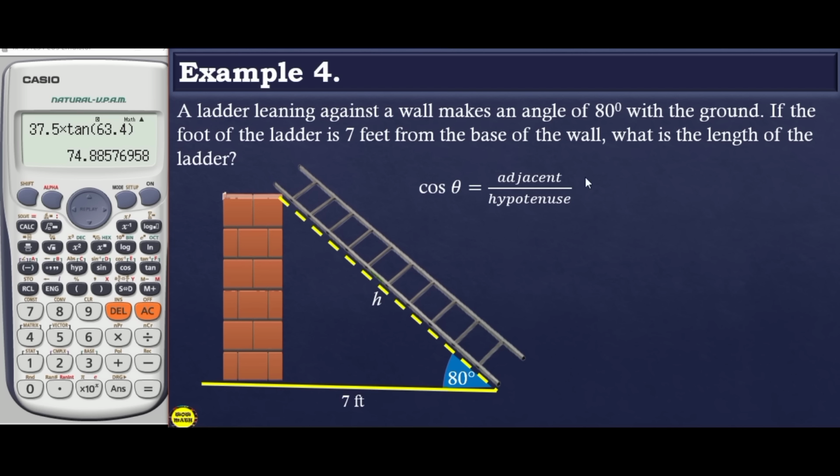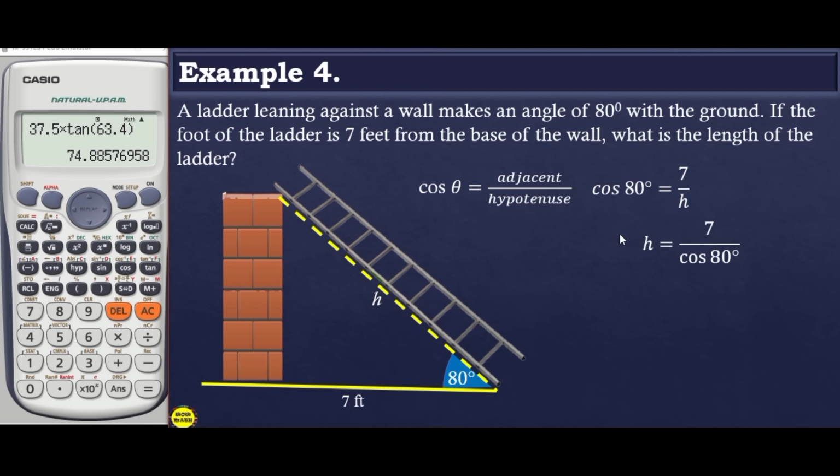So, yun po ang gagamitin natin. So, substitute natin yung given. Your cosine, your theta is 80 degrees. Your adjacent is 7, and then your hypotenuse is h. So let us represent ang hinahanap natin, length of the ladder, as h, which is the hypotenuse.